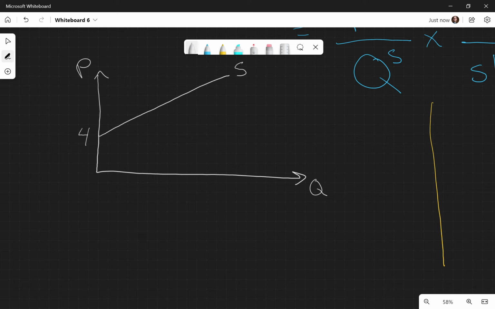So if it has a positive intercept, so we mean a positive y-intercept, right?